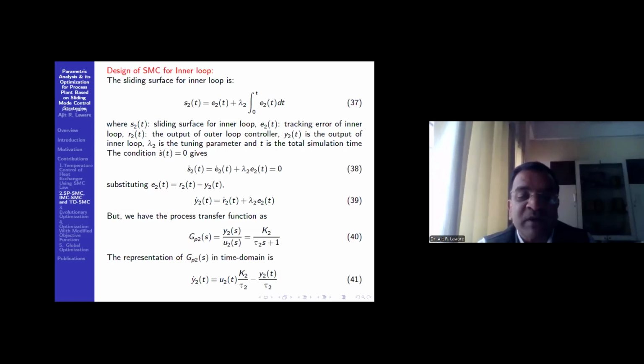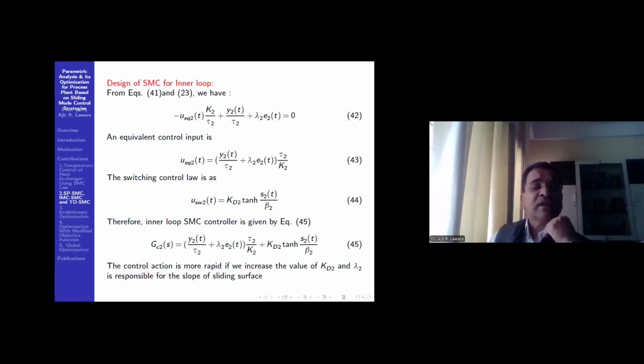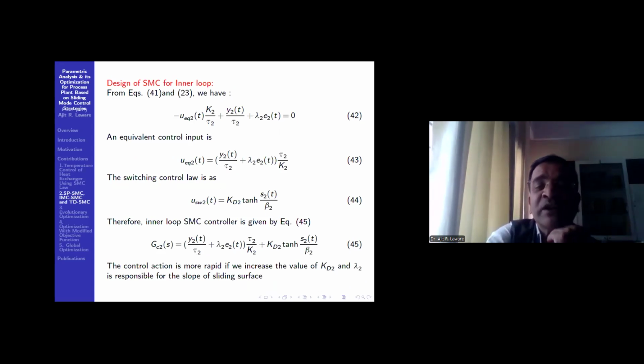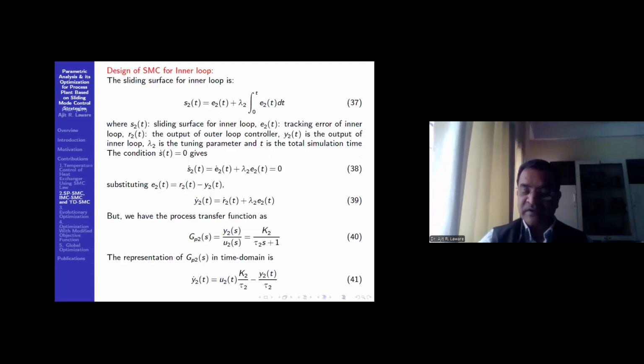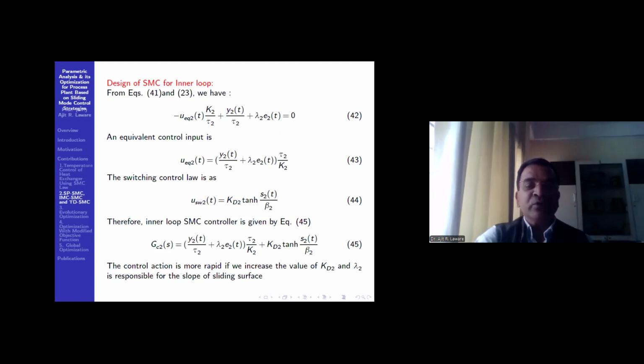The process transfer function is first order. Then its time domain representation is equation 41. Design of SMC: from equation 41 and 23, where 23 means minus y of t plus lambda e of t equal to 0, and this equation 41, we get the equivalent control input U for the inner loop as equation 43.